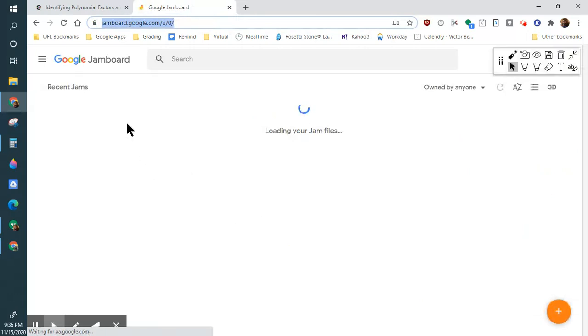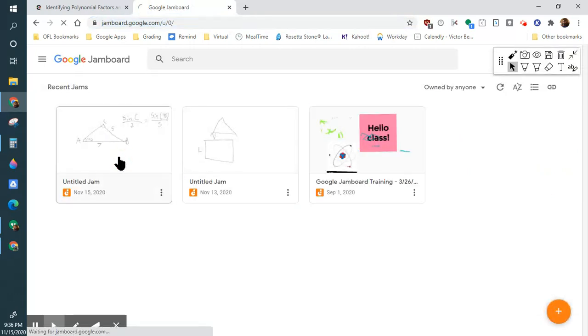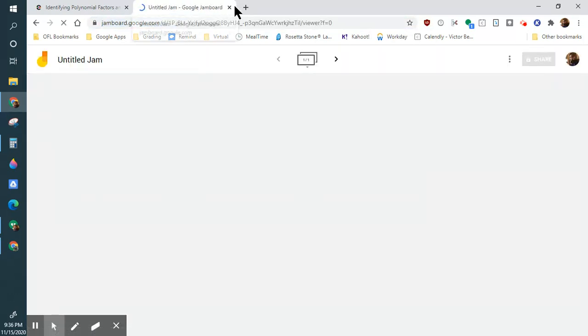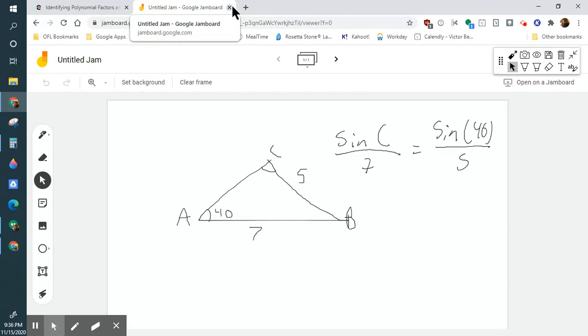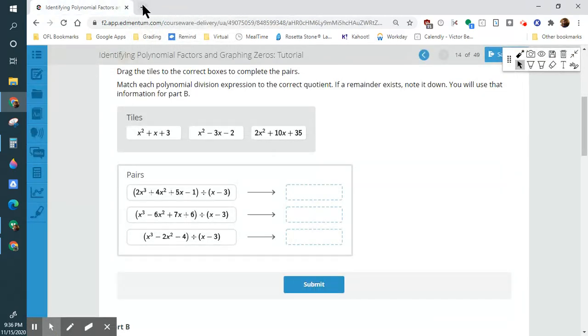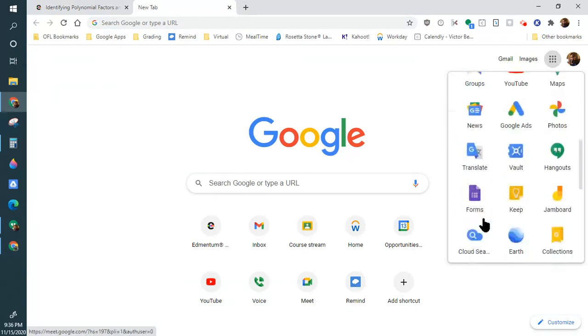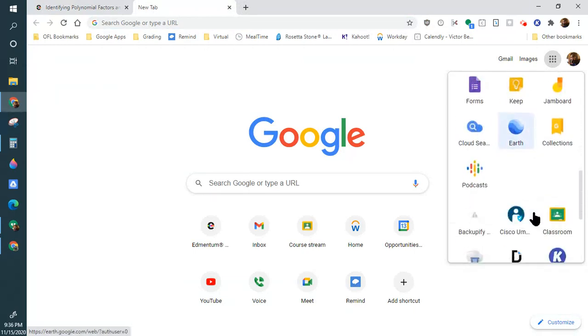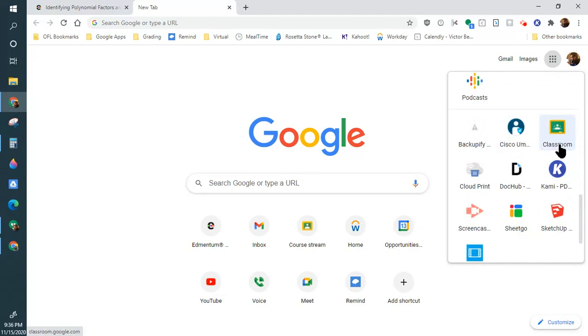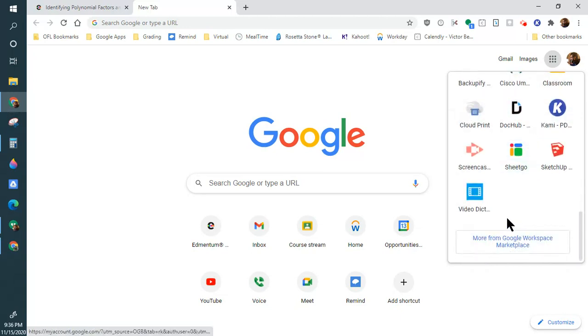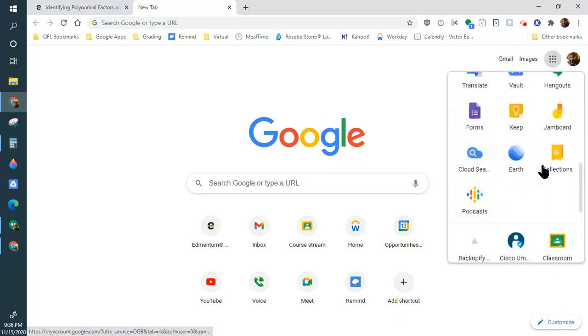Jamboards is pretty cool. You can just write stuff down in it. I think there's also Google Draw is an option. Let me see if it's on here. Google Draw. We should have it. Sheet, go to the. These are other things I have.